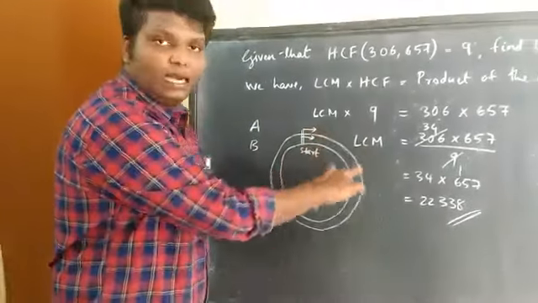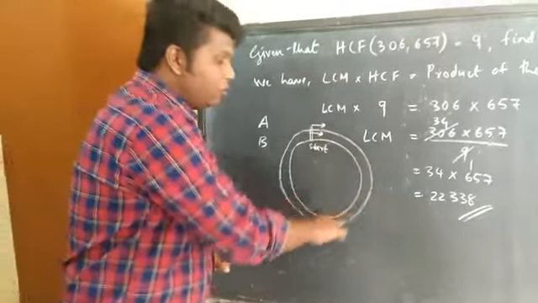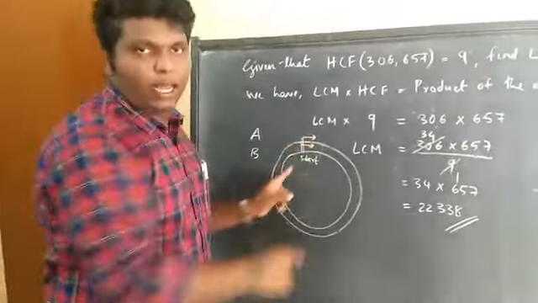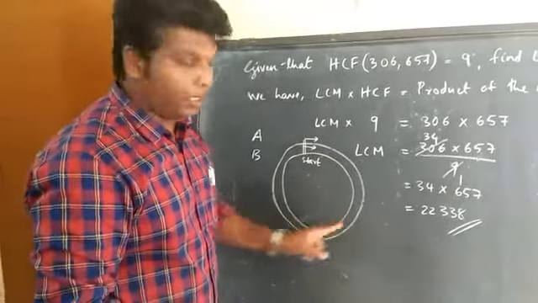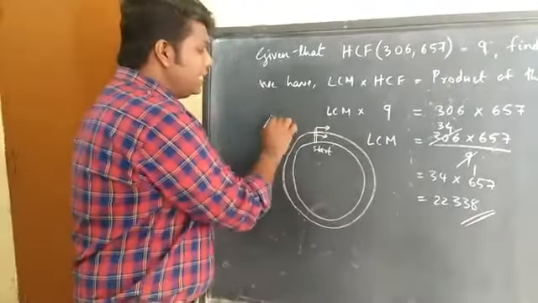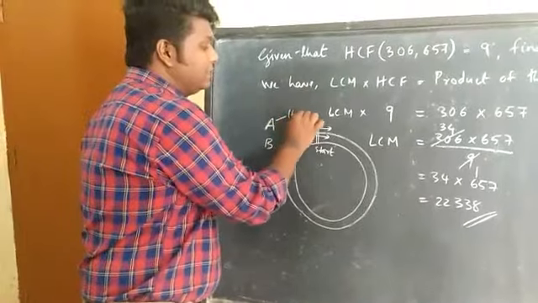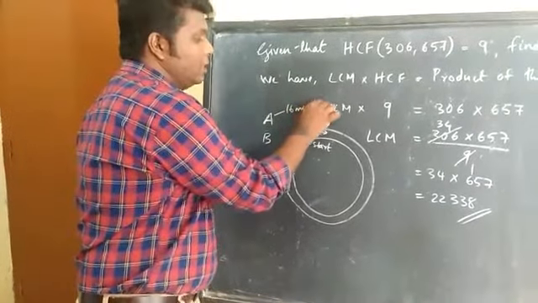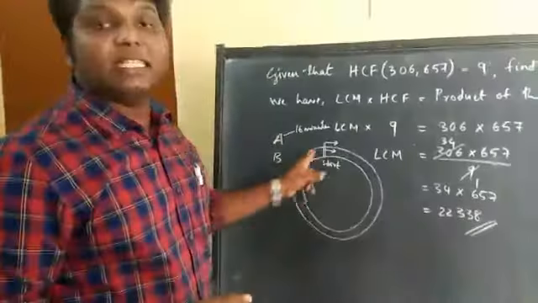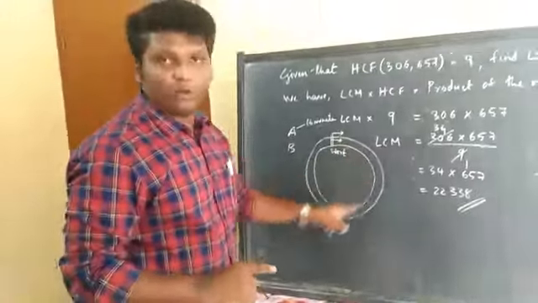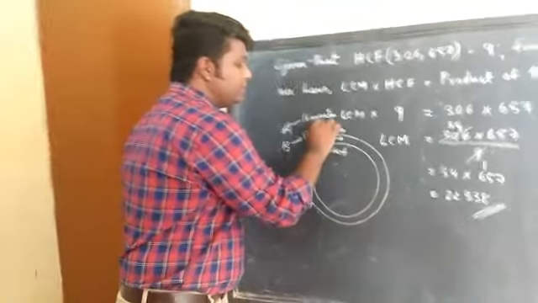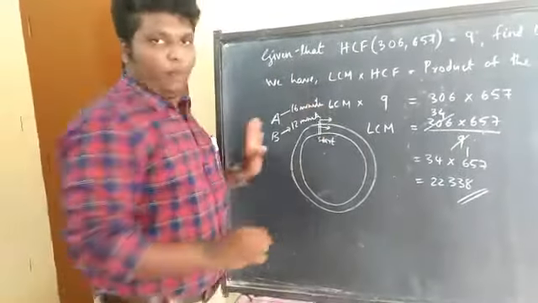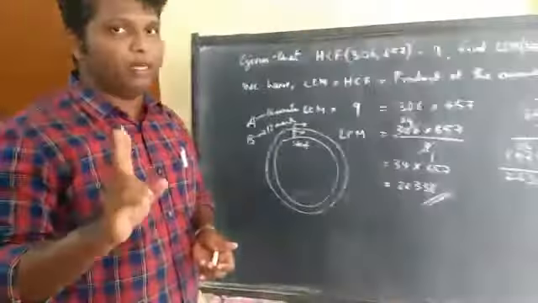A and B start their running. They have to make one single round around this particular field. Imagine A takes 16 minutes to complete one rotation, whereas B takes 12 minutes.